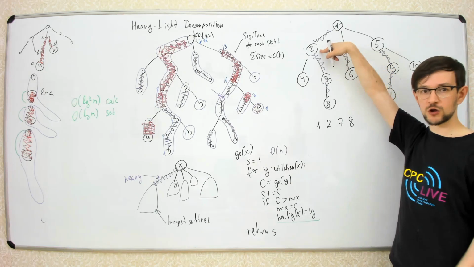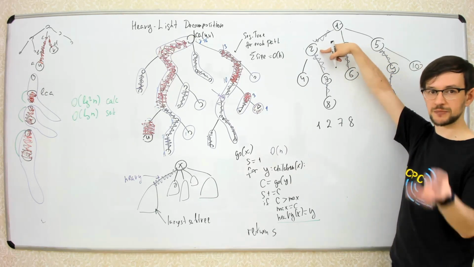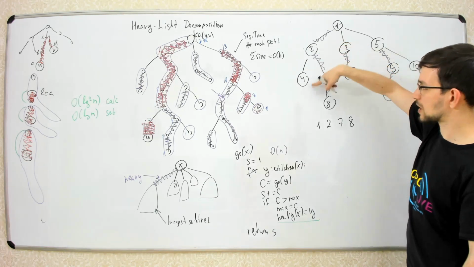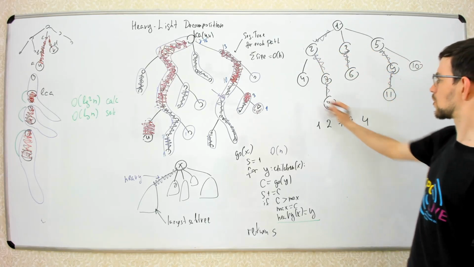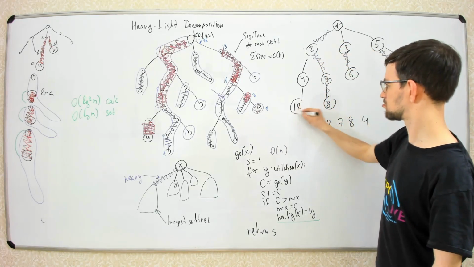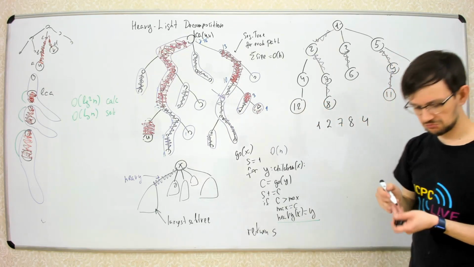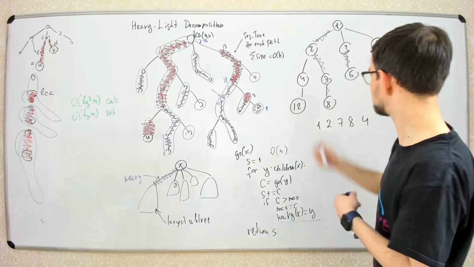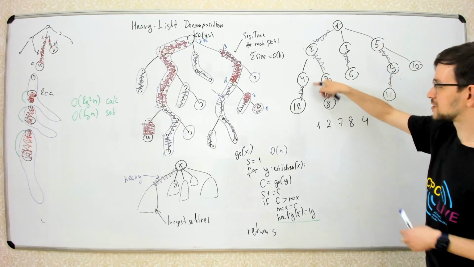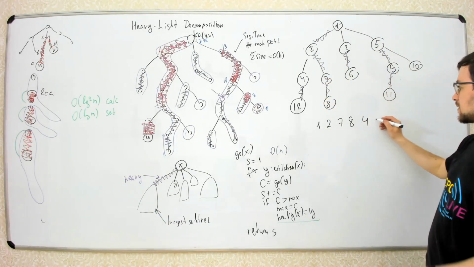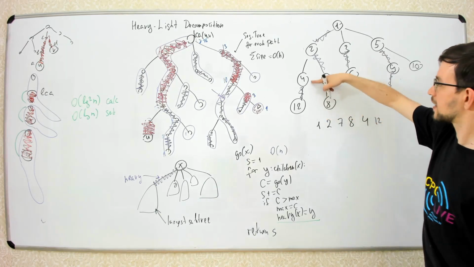Now I recursively visit all other subtrees except the heavy subtree. So I also have this subtree 4, so I go to subtree 4. Now for this node 4, I go here, I go 12. Then go back.